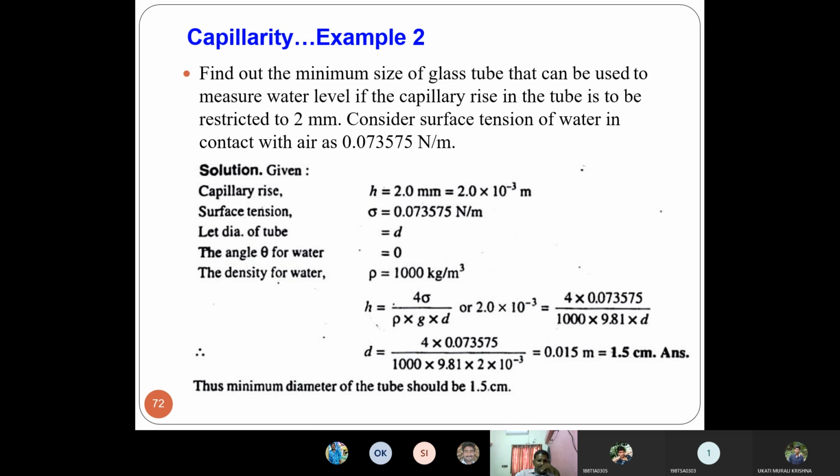So substitute all the values. The h value we know, sigma value we know, rho value we know, g value we know. So from this we can calculate the diameter of the tube. It is approximately 0.015 meter, so it means 1.5 centimeter. So the minimum diameter of the tube should be 1.5 centimeter.